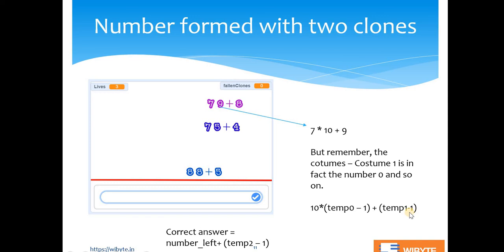This is similar to the minus 2 that we had, but that's the whole idea: the costume is 1 more than the number. By the same token, if this is the number left, then the correct answer is number left plus (temp2 minus 1), because temp2 will in this case be 8, 4 and so on. The costume is 1 more, so the costume is 9, 5 and so on.